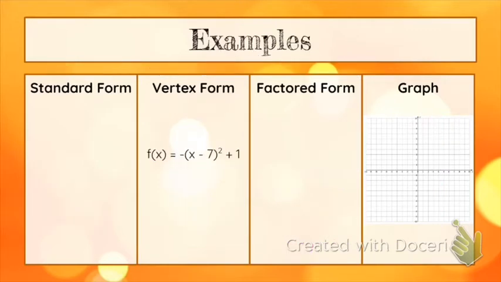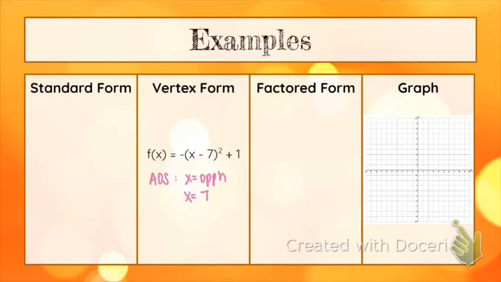This one starts in vertex form. So vertex form tells us an axis of symmetry, which is x equals opposite h, sorry. So that means that this is x equals positive 7, because that's negative 7.